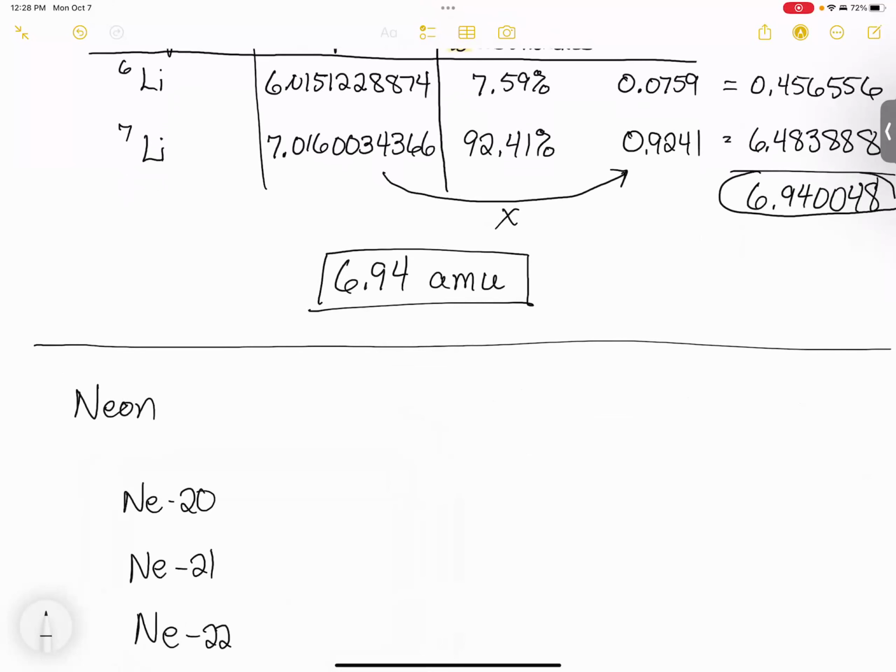Neon 20 has a mass of 19.992440. Neon 21 has a mass of 20.993846. And neon 22 has a mass of 21.991385.